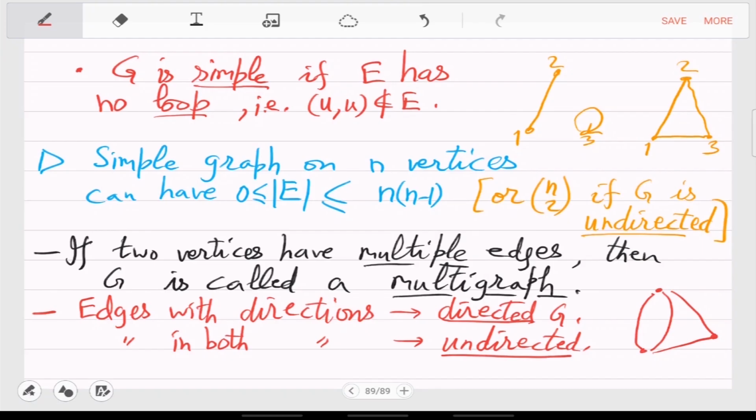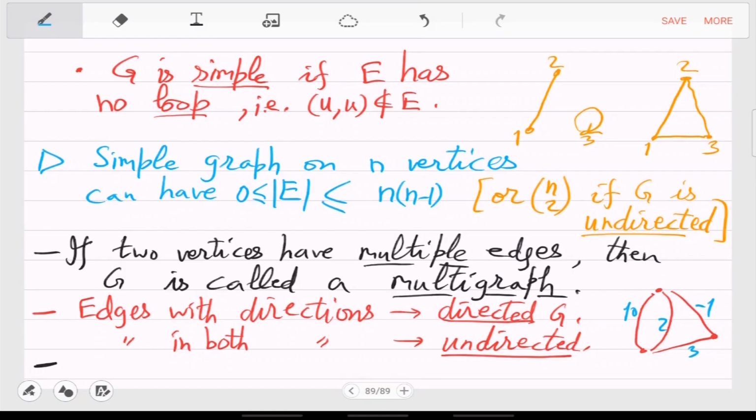Edges may also have weights on them. So for example, if the example is of roads, then the distance is a weight. That's very common. So you may have weight 10 here and weight 2 here and 3 here, and there may even be negative weights.